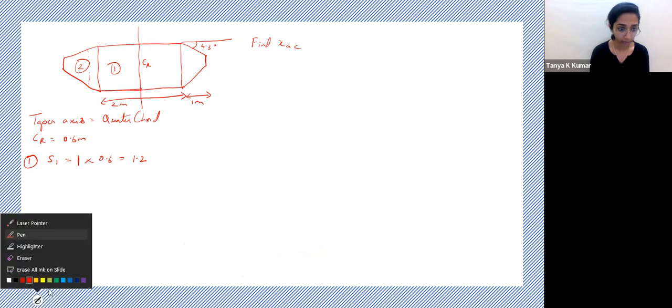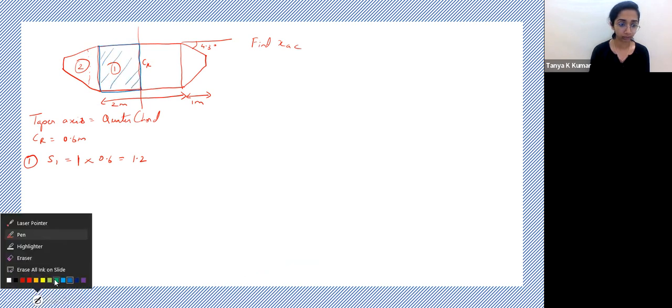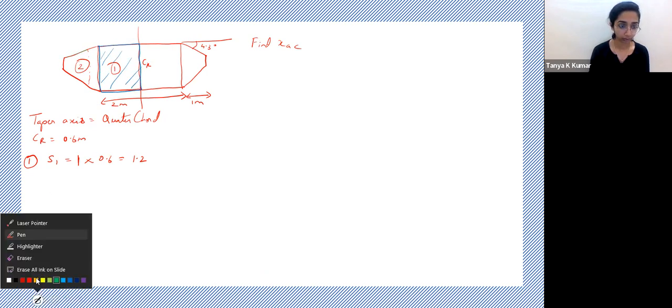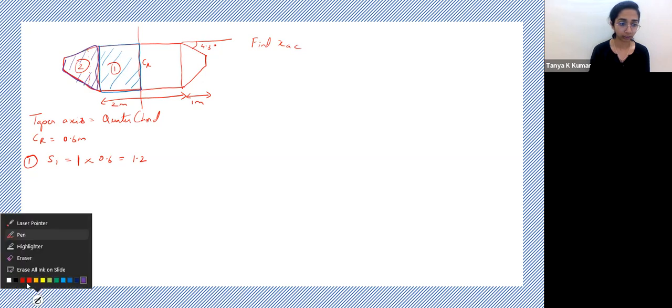Let's try with a different color. This, and our second area. We'll find the areas of these two sections.